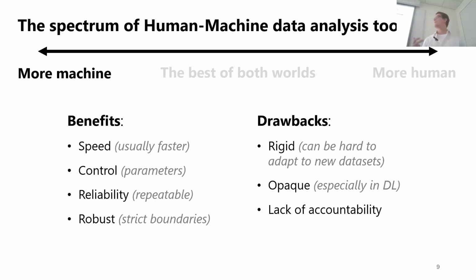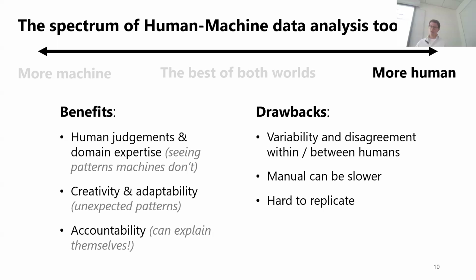Those are gains that people are actively trying to get because algorithms are very good at that. We can concretely define parameters. But that control can also make machine-driven solutions rigid, hard to adapt, opaque, especially in the era of deep learning. And they many times lack accountability if these opaque machine learning models get something wrong.